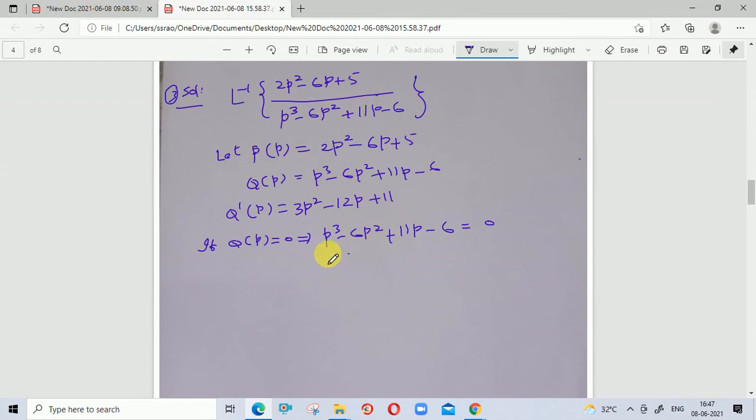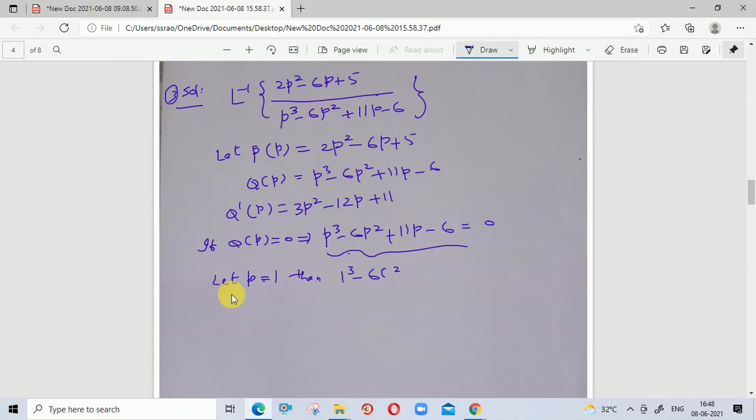Now let p is equal to 1. Then what happens: 1 cubed minus 6p square, that is 6 into 1 square, plus 11 into 1 minus 6, that is equal to 0.